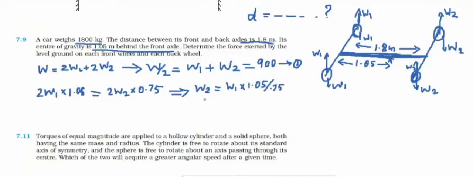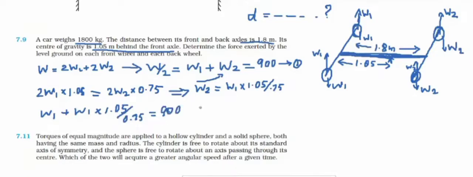Now this value of W2 you substitute here so that your equation becomes only in terms of W1. So you will get W1 plus W1 into 1.05 divided by 0.75 is equal to 900.